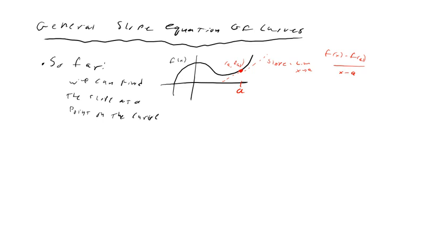We can find the slope at a certain point of this equation. And that's good, if I want to know the instantaneous rate of change at a certain point. This slope is also the instantaneous rate of change.